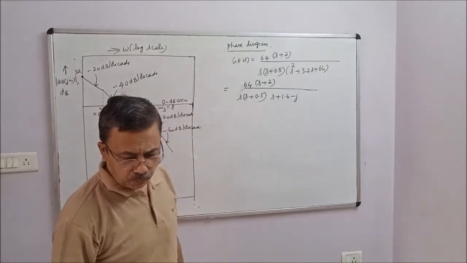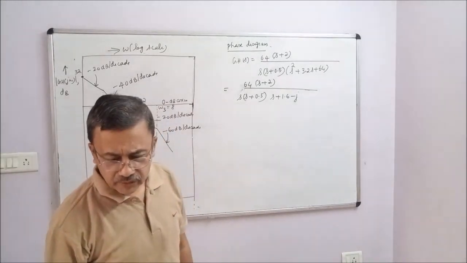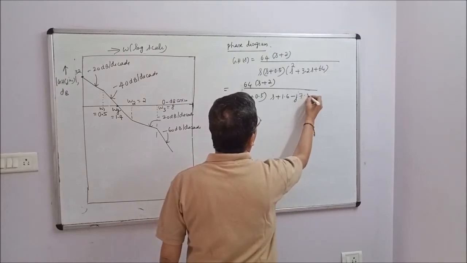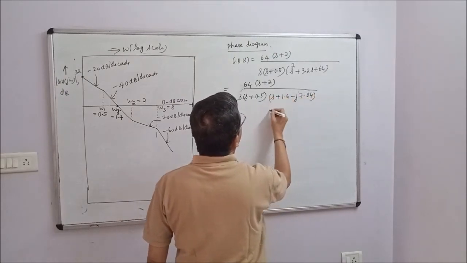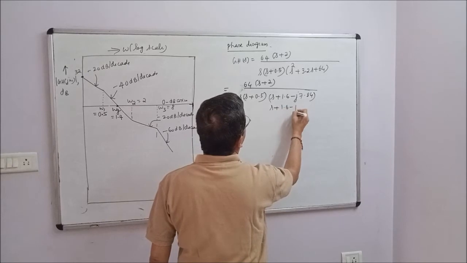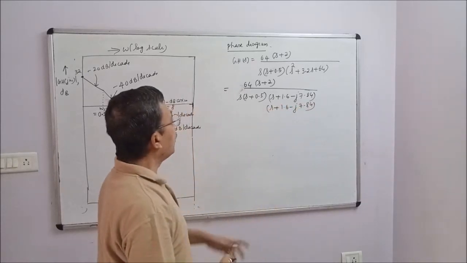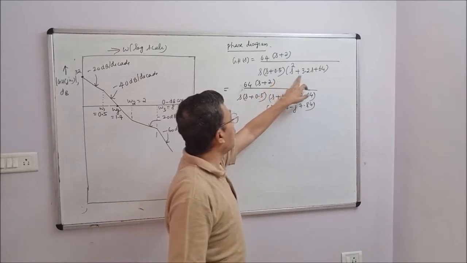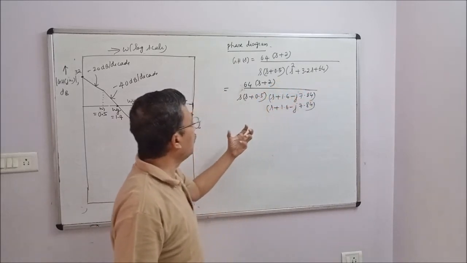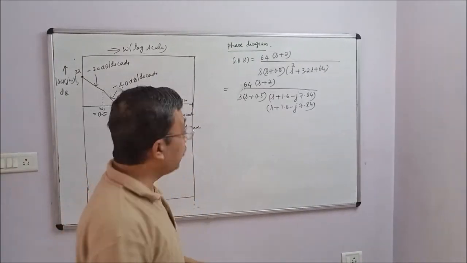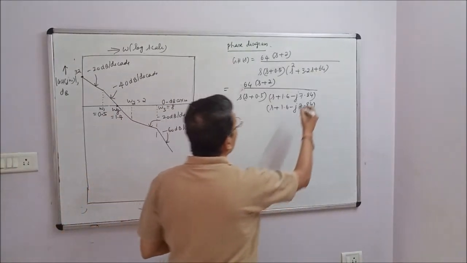What are the roots? Minus 1.6 plus minus J 7.84. So that means S square plus 3.2 S plus 64 equal to 0 will give the roots minus 1.6 plus minus J 7.84. This is in the factored form.